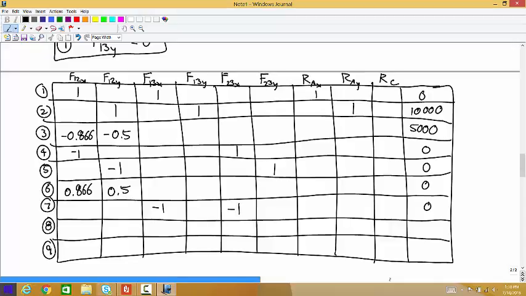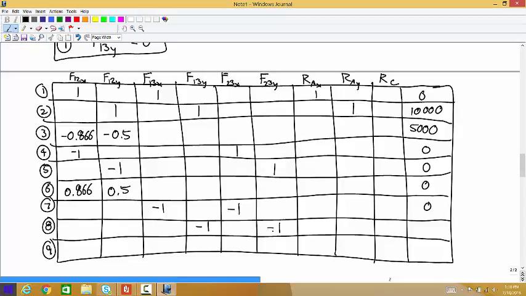Equation 8, negative 1 f13y, negative 1 f23x, y, right? Negative f13y is negative 1, and then negative f23x. Or is that y? That must be y.